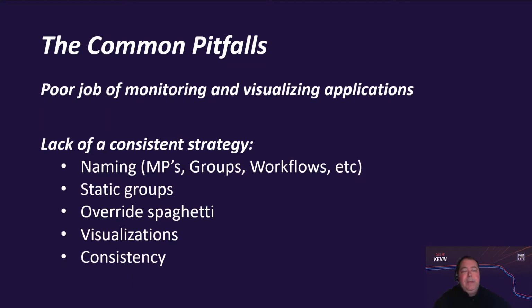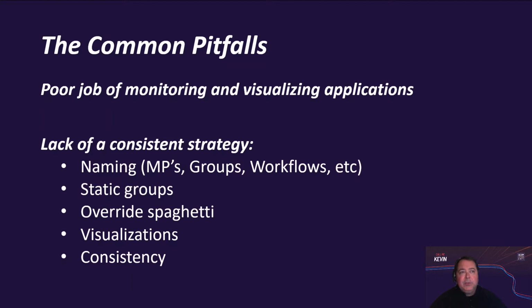So some of the pitfalls that I see with customers doing business application discovery and monitoring are caused by a lack of a consistent strategy when they initially set up SCOM and deployed it.